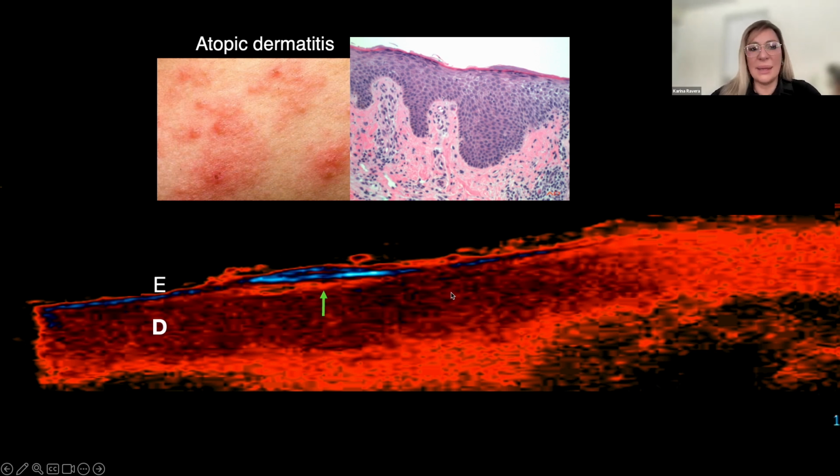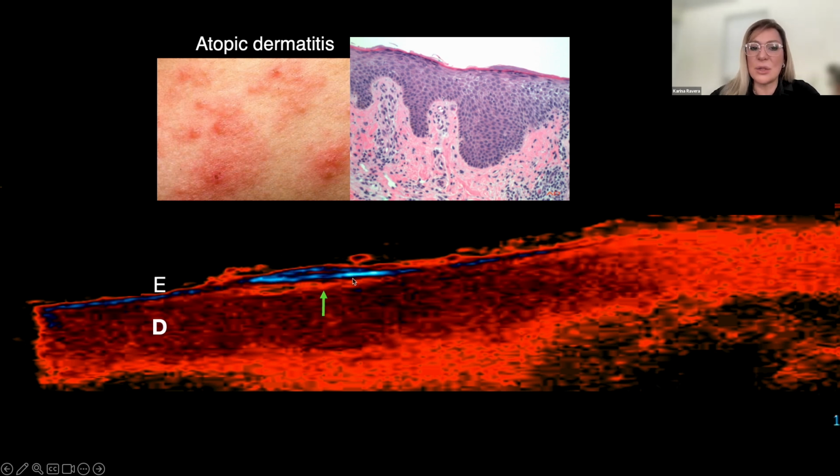And let's see now atopic dermatitis. We can observe here this inflammation in the skin, and histologically, we can observe these immune cells located under the epidermis, and the translation with ultrasound is the SLEB.